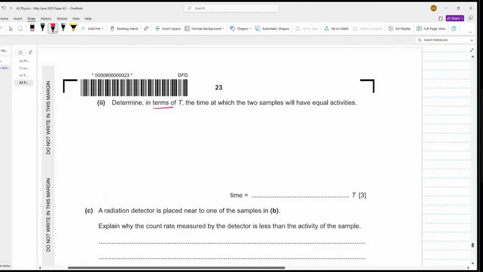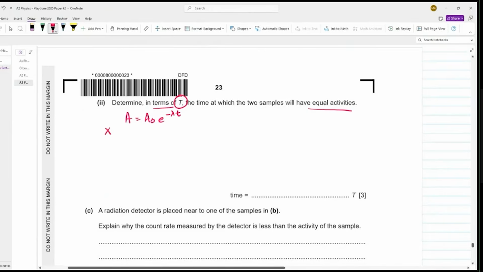Let's further move ahead. Describe in terms of T the time at which the two samples have equal activities. We have to define the time t when the two samples will have equal activity. It is very easy. What is the formula of activity? Activity is equal to A naught e to the power of minus lambda t.